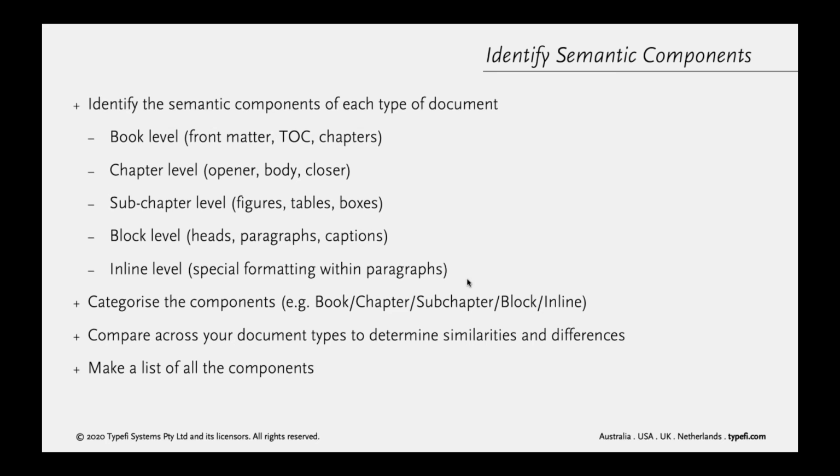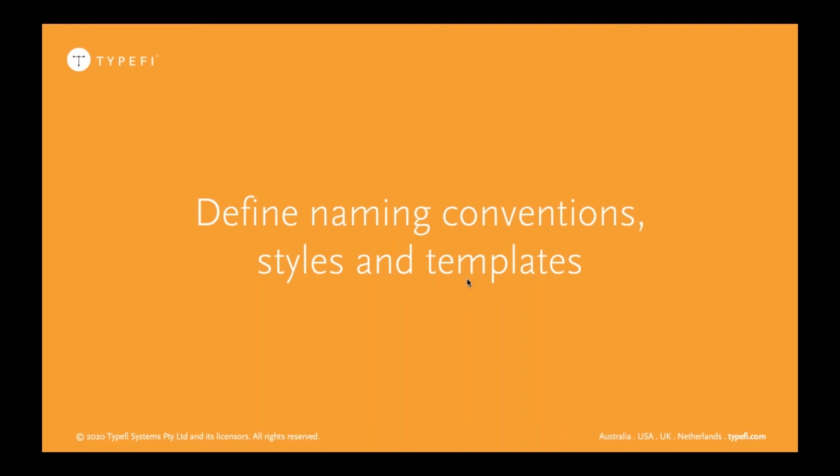And after that, make a list of all the components. Making a list of them will help you see everything that you produce and where and how it is used. Once you've done that, you're ready to define naming conventions, styles, and templates.